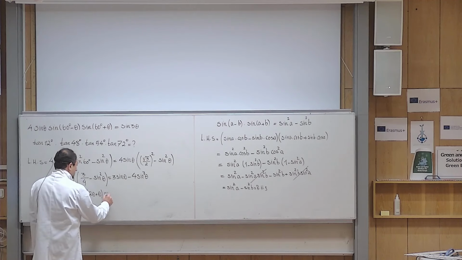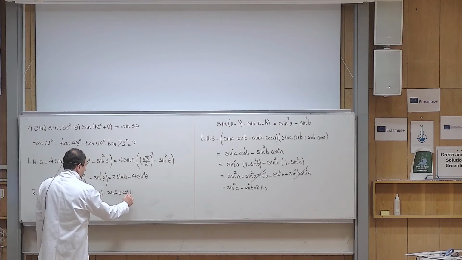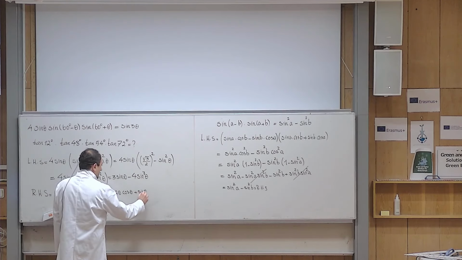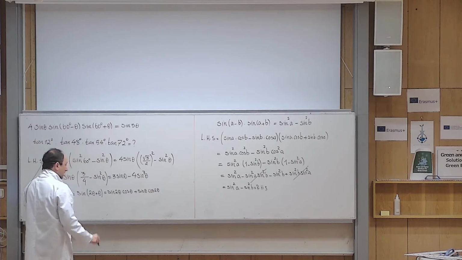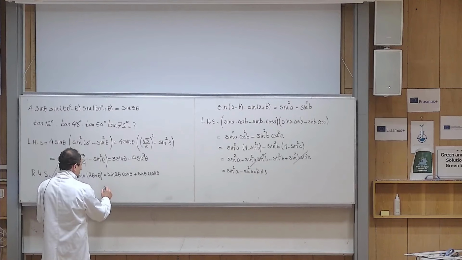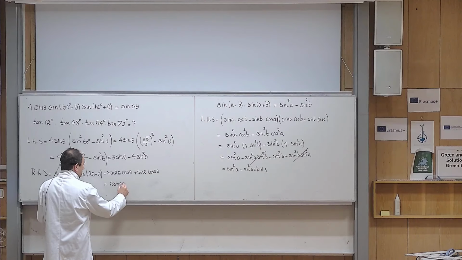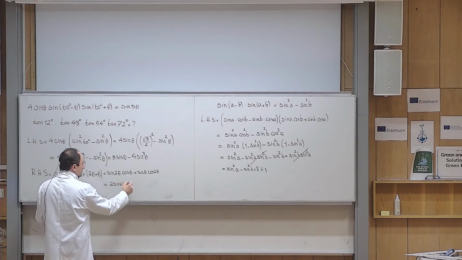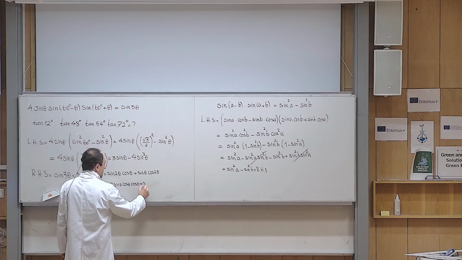So then it becomes sine of the first one, cosine of the second one, plus sine of the second one and cosine of the first one. But for sine 2 theta, we have a famous formula, so this becomes 2 sine theta cosine theta. This is what I wrote for the first one. I also have another cosine theta here. I copy and paste the sine theta here.